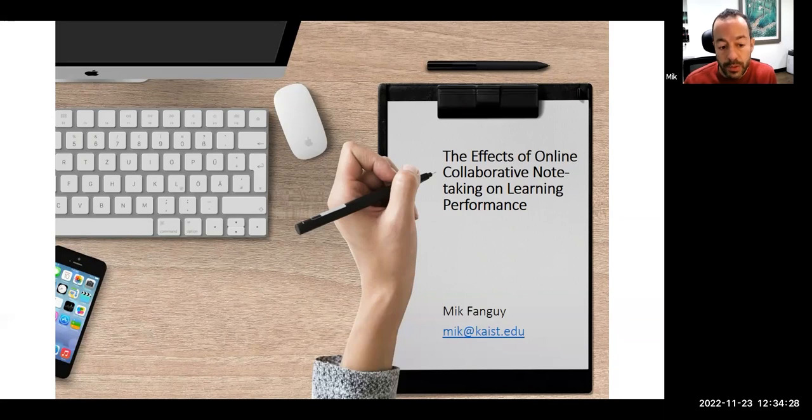It could be something that really helps people to recall what they're learning, and also it adds an element of collaboration to the classes. It allows students to work together and really collaborate in these online environments in particular, which can be quite isolating. So if you have any questions about what I'm talking about today, feel free to send me an email at mik@kaist.edu.